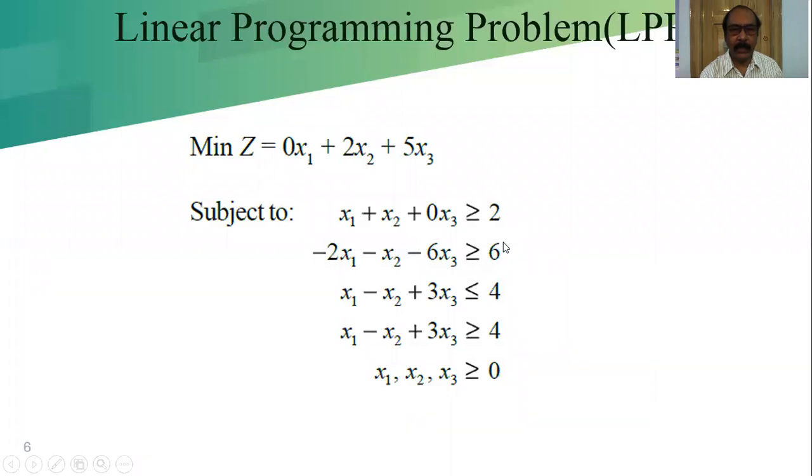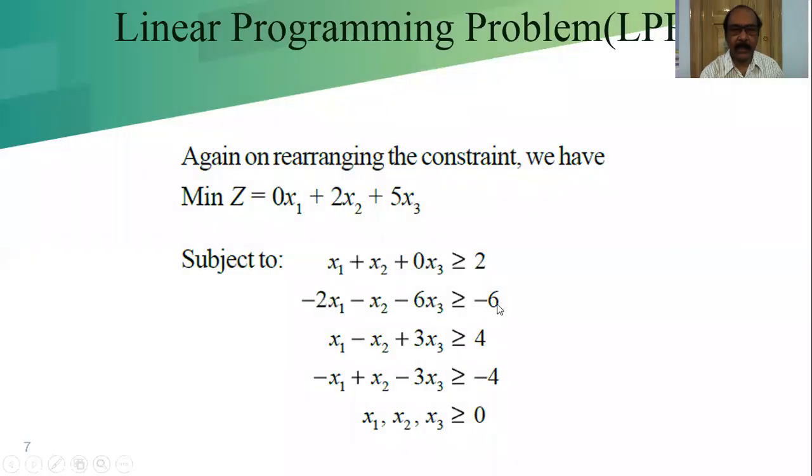Obviously, this should be minus 6 in the next table. And x1 minus x2 plus 3x3 greater than or equal to 4. And the next constraint we are changing is minus x1 plus x2, changing the sign, minus 3x3 greater than or equal to minus 4. And x1, x2, x3 greater than or equal to 0.